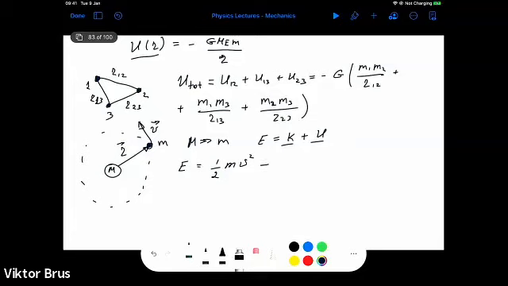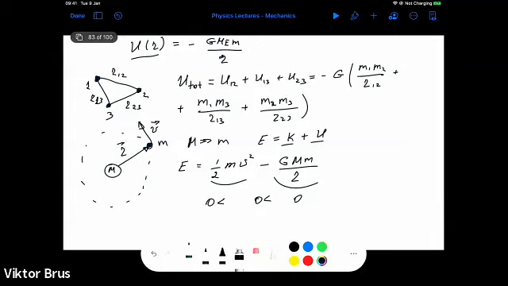Then we have minus, because potential energy is negative, as we derived before, capital G, capital M times m divided by R. Okay, so we have now expression for total mechanical energy of this system. And you see that so far it's not very clear. Since this one is positive, this one is negative, then result can be either positive or negative or equal to 0. So it's not clear from this equation, written in these terms, what will be the total mechanical energy.